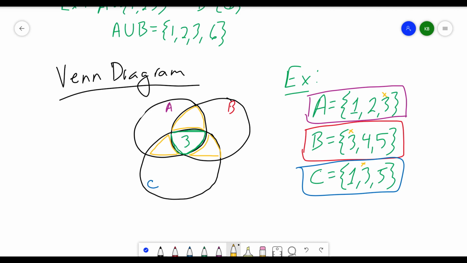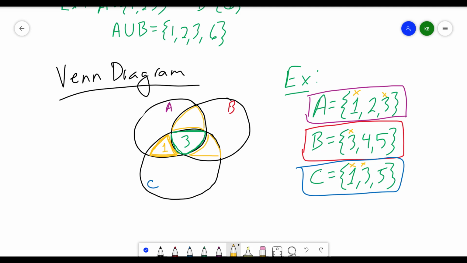All right. And then I can look at what's in A and C, but not in B, for this region right here. A and C share a 1 in common, so I'll put the number 1 in that region, and I'll mark it off as an element that's been taken care of.